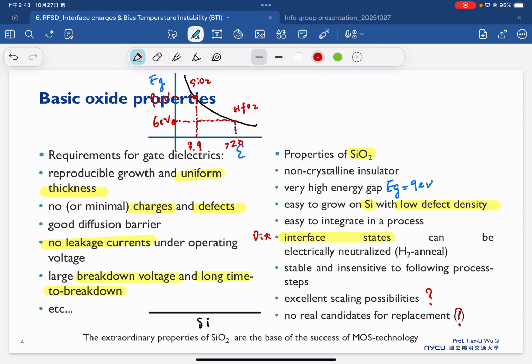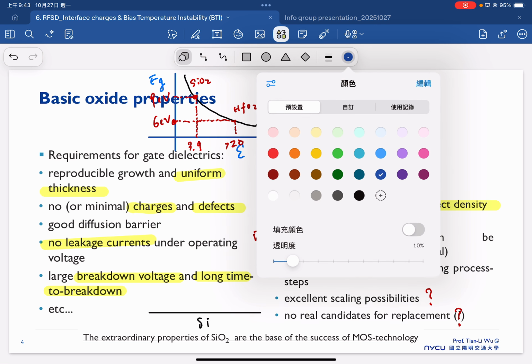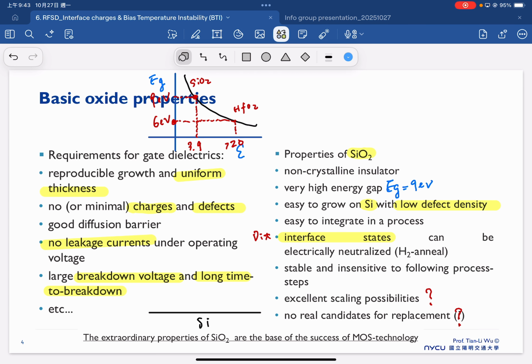So if you are a little bit familiar with today's technology, what we really have right now is not the pure SiO2. In the first layer we always have the silicon dioxide as an interfacial layer.